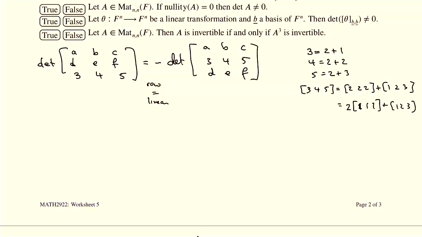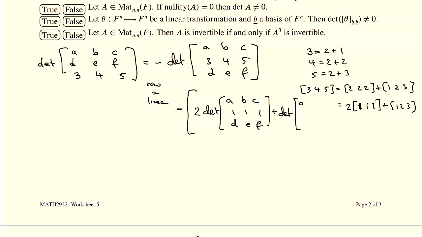So using row linearity, there's still the minus sign, but then it'll be twice det of A, B, C, 1, 1, 1, D, E, F, plus det A, B, C, 1, 2, 3, D, E, F. And now we're in business. We have to do a transpose now.